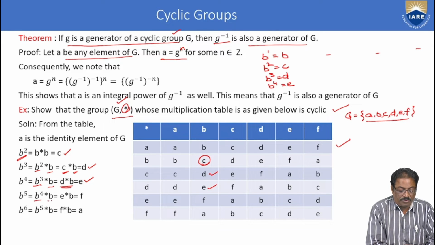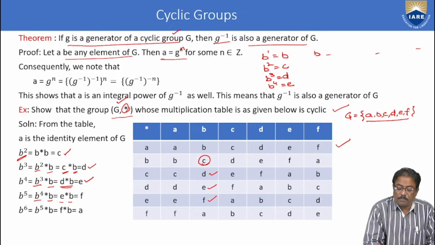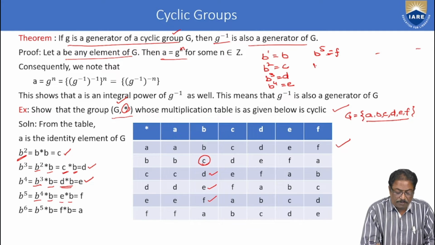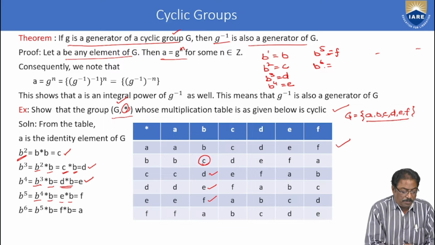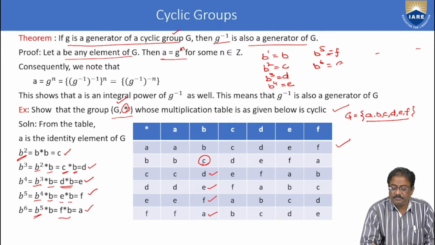B power 4 into B. B power 4 is E into B. Then it is F. So B power 5 is equal to F. Next B power 6 is equal to B power 5 into B. B power 5 is already F. So F into B, which is equal to A.